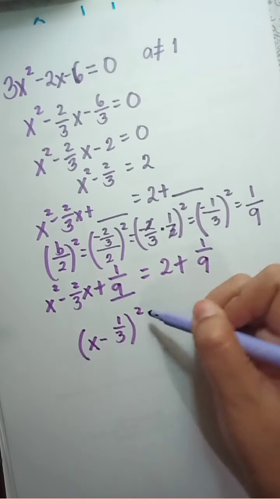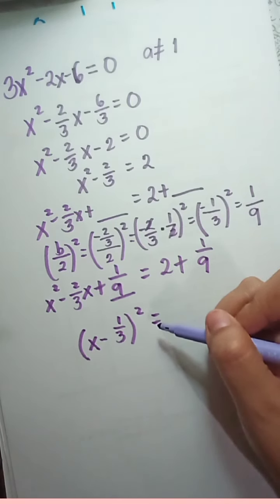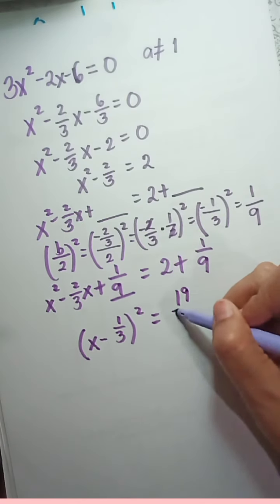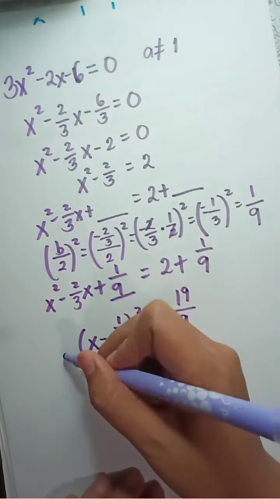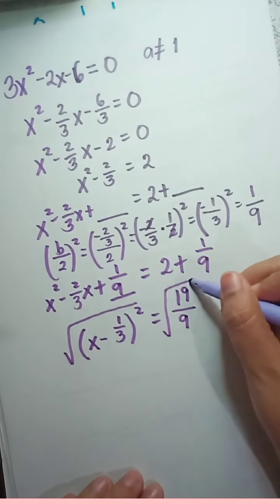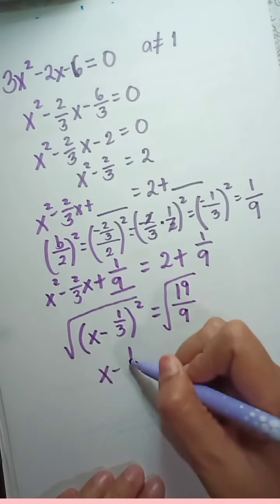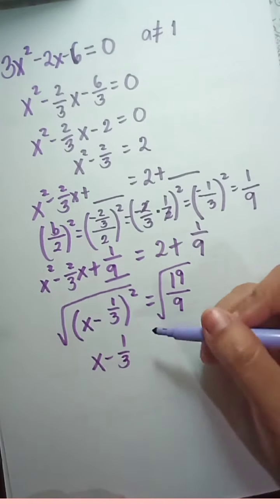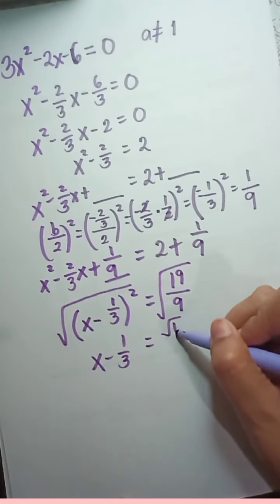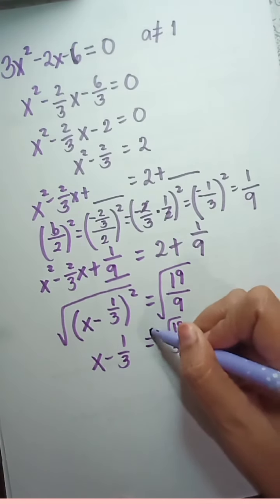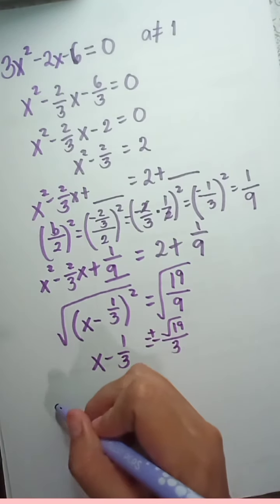So (x minus 1 third) squared is equal to 19 over 9. Get the square root of both sides. So x minus 1 third is equal to plus or minus square root of 19 over 3.